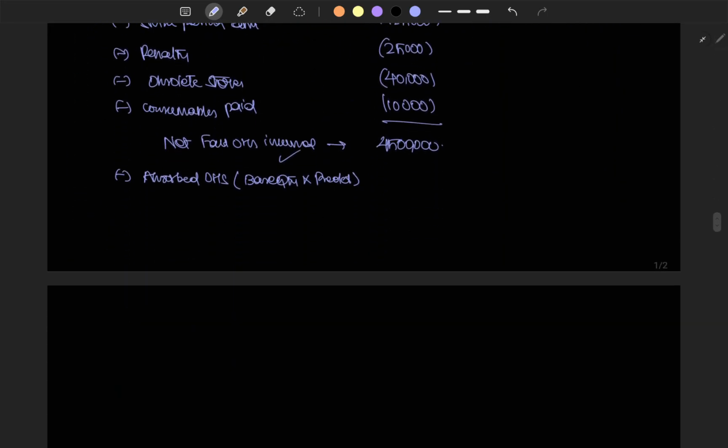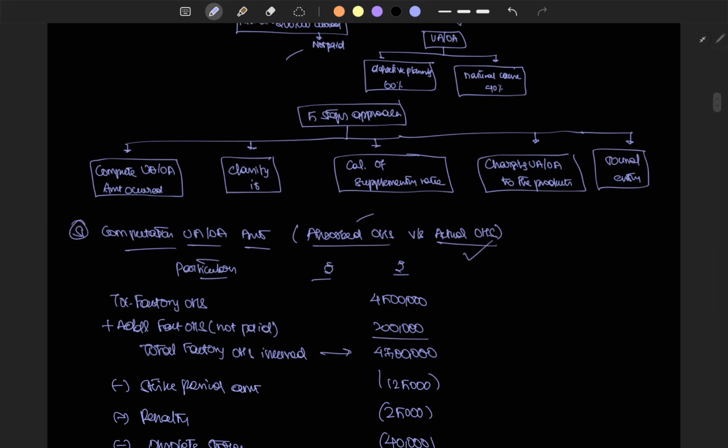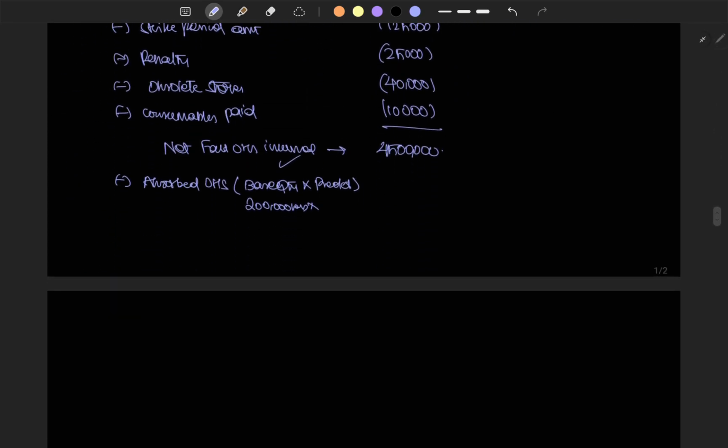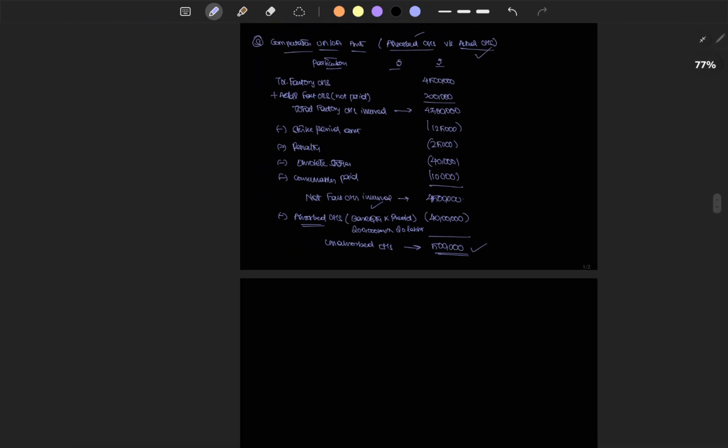The base quantity is 2 lakh hours into predetermined rate of rupees 20, which gives us 40 lakhs. So actual overhead is 5 lakhs more. So absorbed is under absorption. So we have got the under absorbed overheads of rupees 5 lakhs.